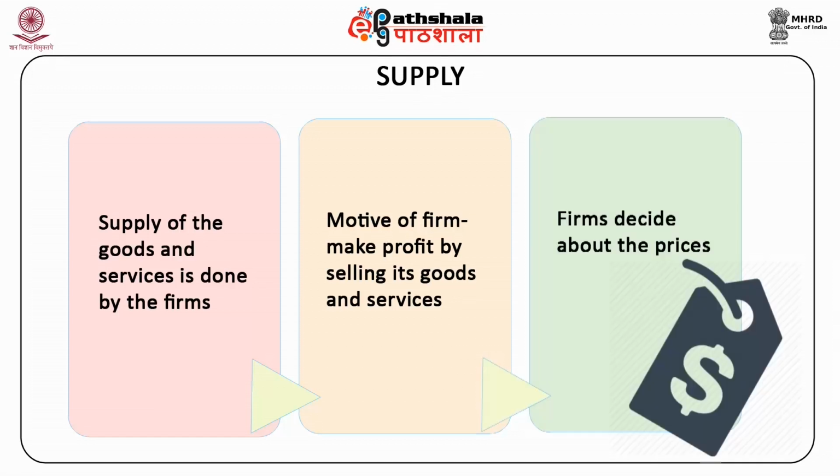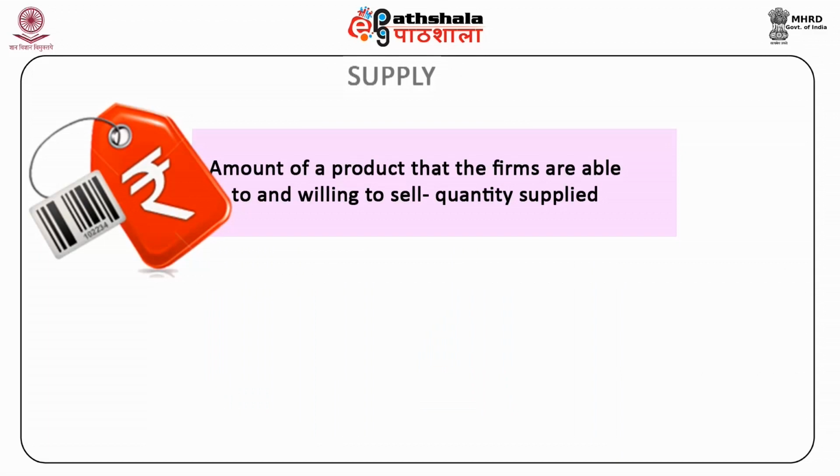After that, the firms decide about the prices at which they will sell their product in the market, keeping in view the maximization of their profit. The amount of a product that the firms are able and willing to sell in the market to its consumers is known as quantity supplied.